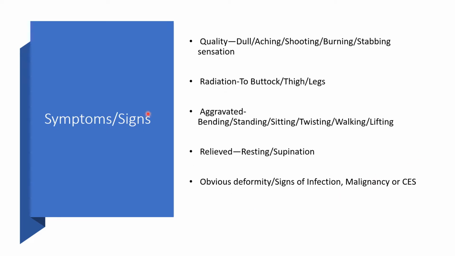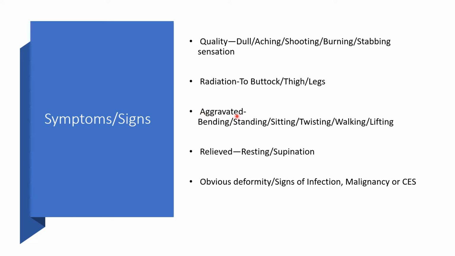Still on signs and symptoms, remember when I was going through the characteristics of pain, I mentioned quality, right? The quality here could be dull, aching, shooting, burning, or a stabbing sensation. And radiation could be from the back to the buttocks, thigh, or legs.